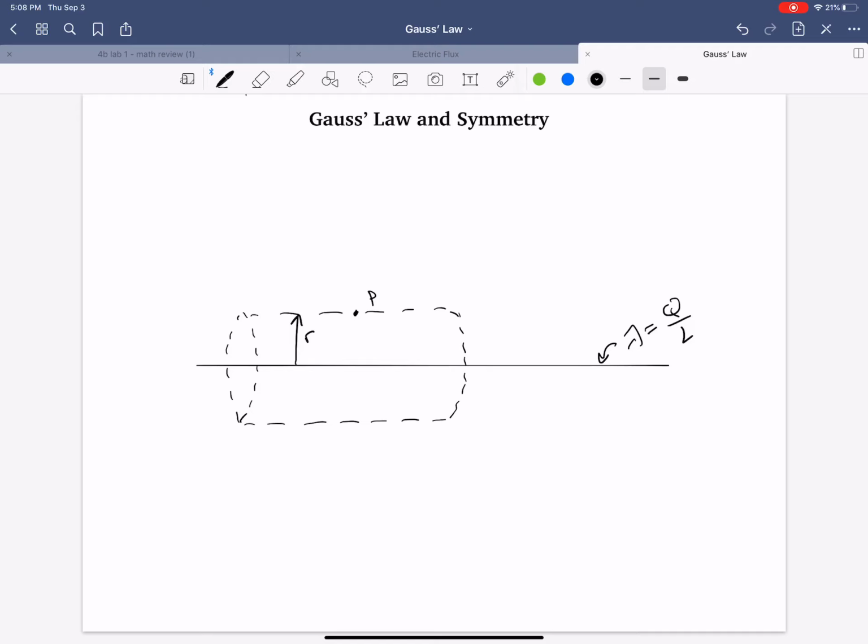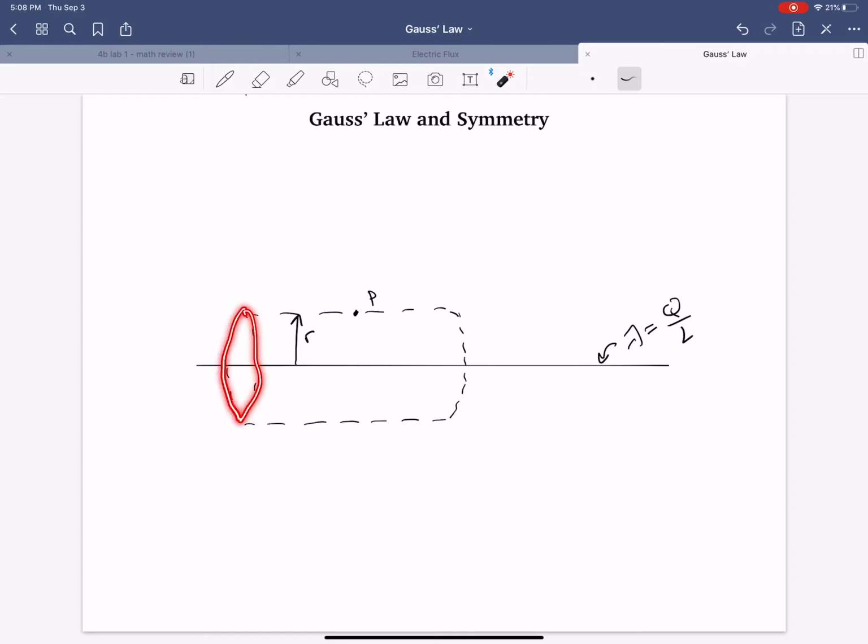We can do that, right? Because now every point on this Gaussian cylinder is the same distance away. Notice I didn't say it's closed on the end. It's just an open cylinder.